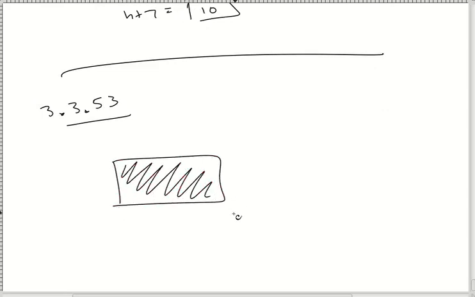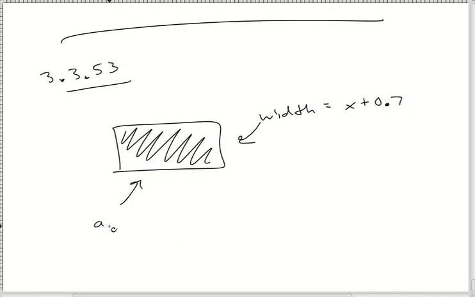They have a rectangle here, shaded in, I guess, and they say that the width is equal to x plus 0.7. And then they say that the total area is equal to 0.8x cubed plus 0.66x squared plus 0.77x plus 0.49.